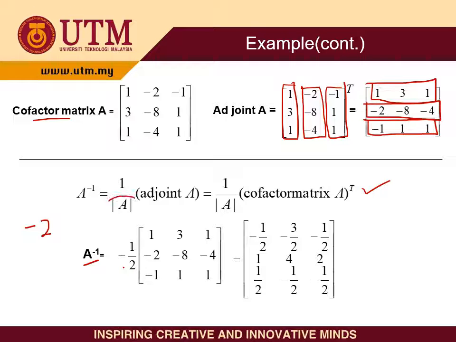So we put the value inside here, -2, and this is our adjoint A, which we already transposed here. So we put this one. So it equals to, you multiply it for each value inside the matrix. Okay, then you get this value as the final answer.